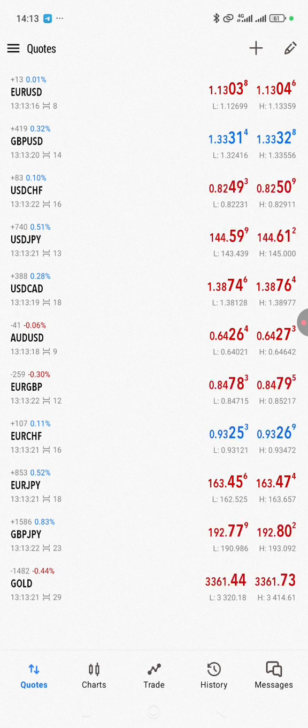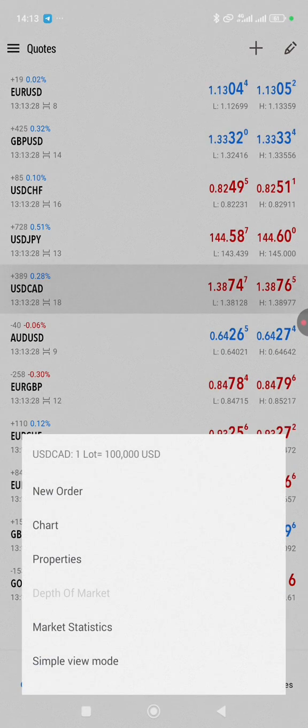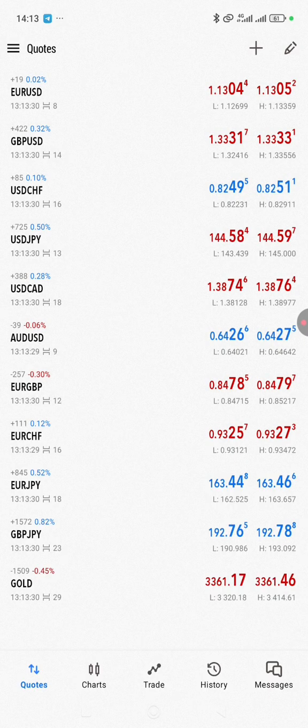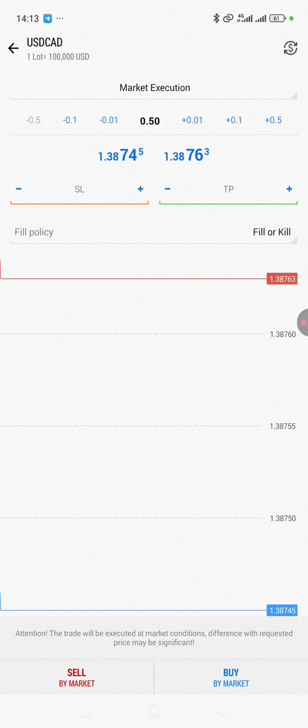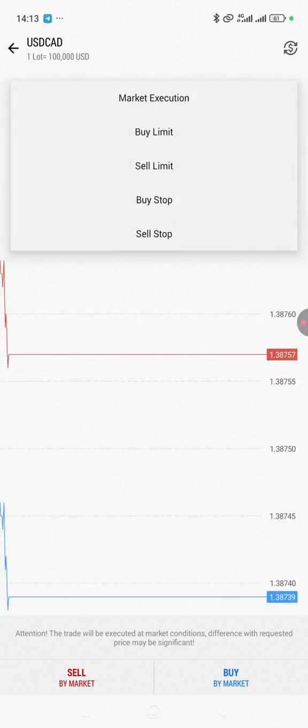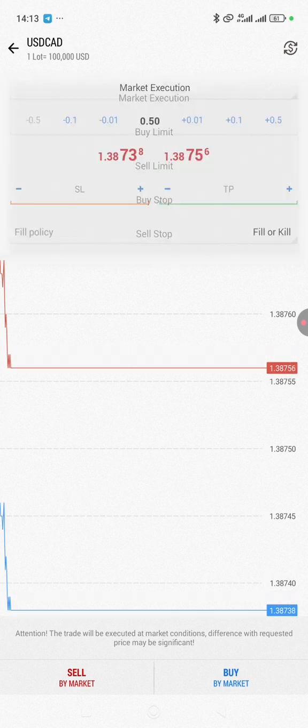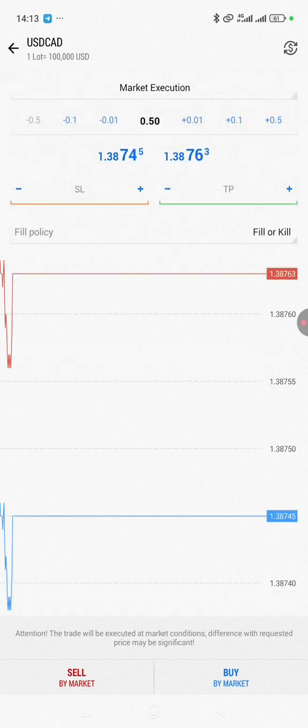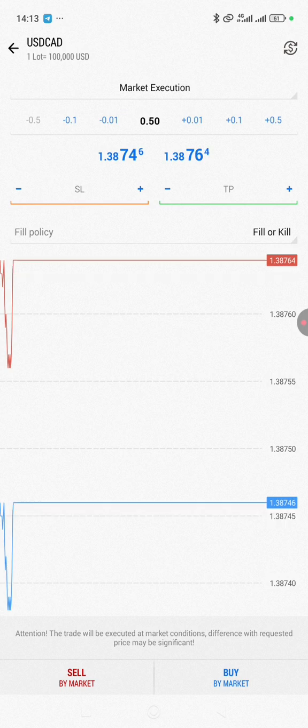This is a currency pair, USD and Canadian dollar paired together. So what we're going to do is create a new order from there. And because it is an instant execution order, if you look at this place, you find out that what you have there by default is a market execution order. That means you want to buy at the current market price.